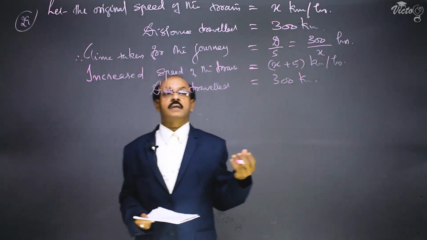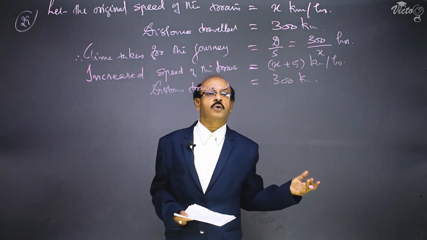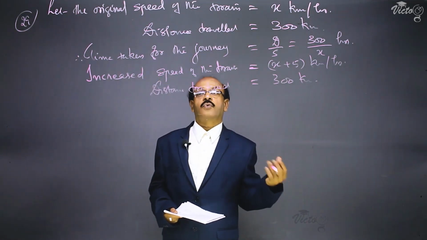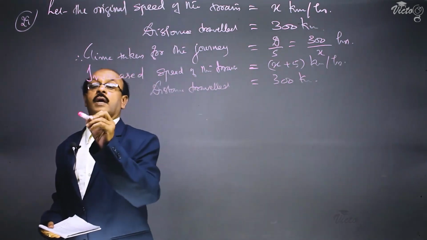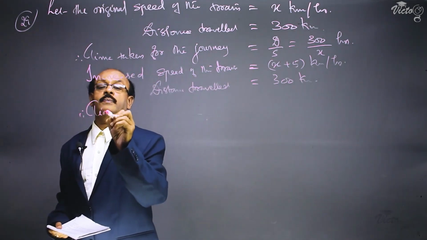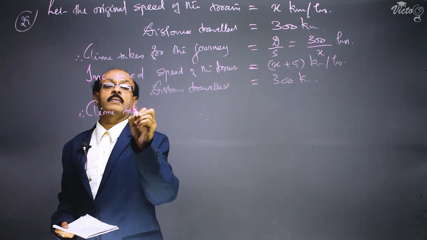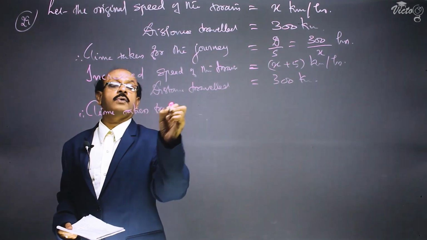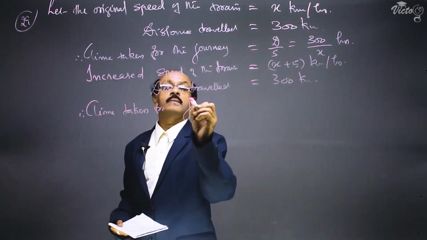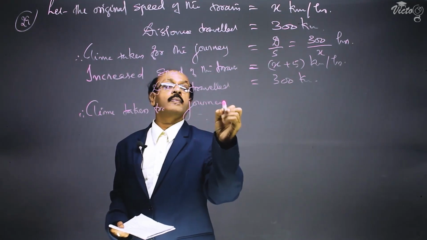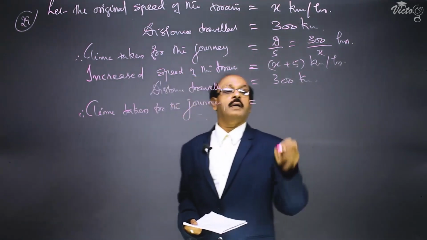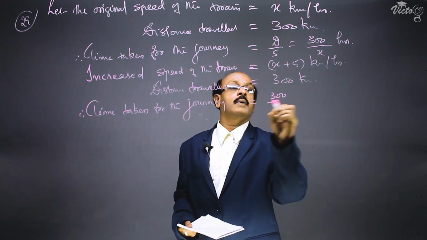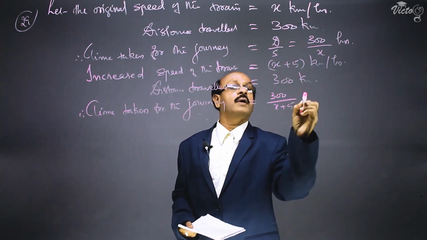If the speed is increased to x plus 5 kilometers per hour, the time taken for the journey is equal to 300 divided by x plus 5 hours.